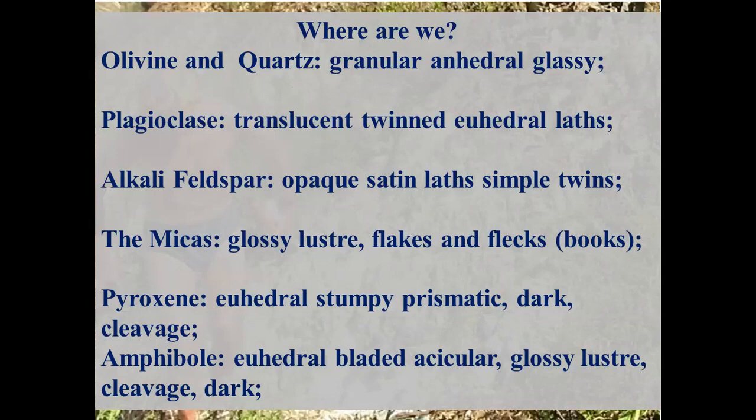But my advice was that if you hunted around on the hand specimen and did find euhedral crystals with this transparent or translucent appearance, then everything that you were looking at that was granular was actually anhedral plagioclase. So that was a significant thing to remember.